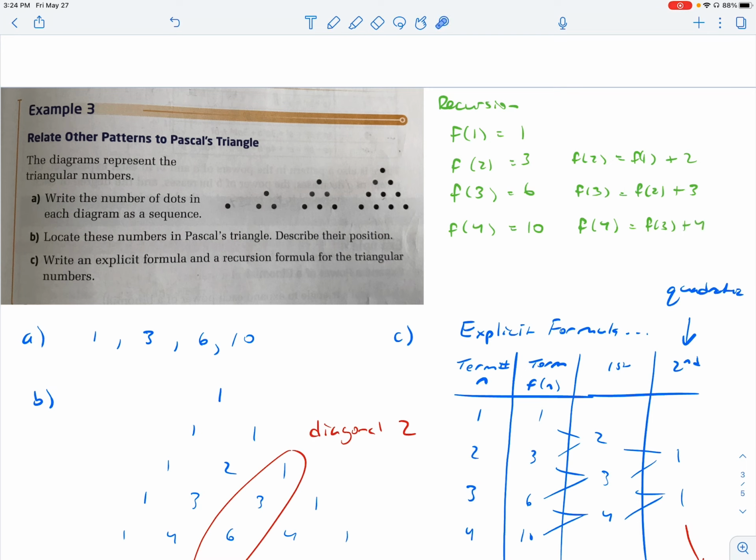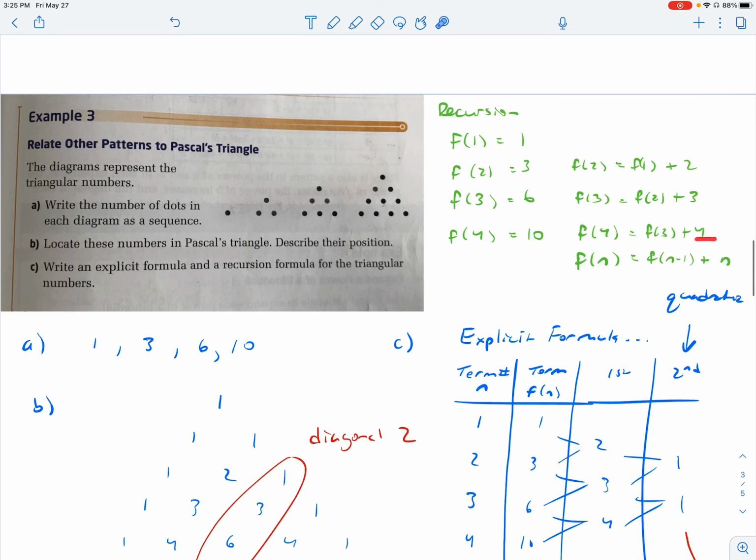So to get 10, we take 6 and add 4. That's what that says. So this is real easy because I can really see the recursion formula here. Any term, f of n, is going to be the one previous plus n. Notice how the numbers here always line up with the term number that we're looking for.